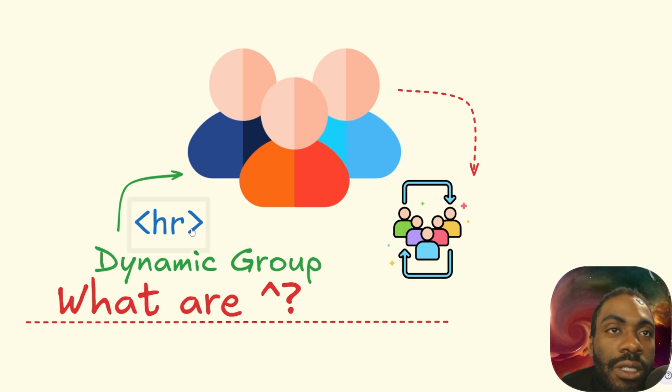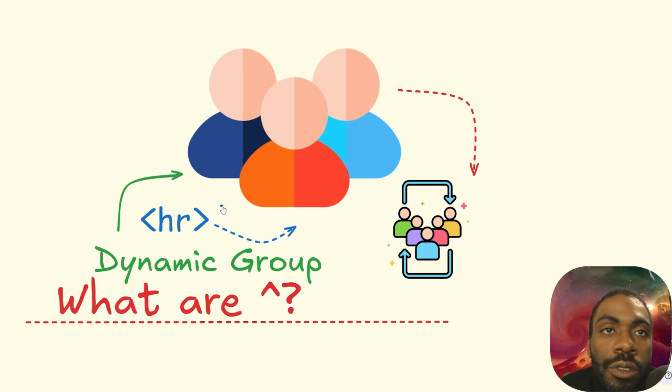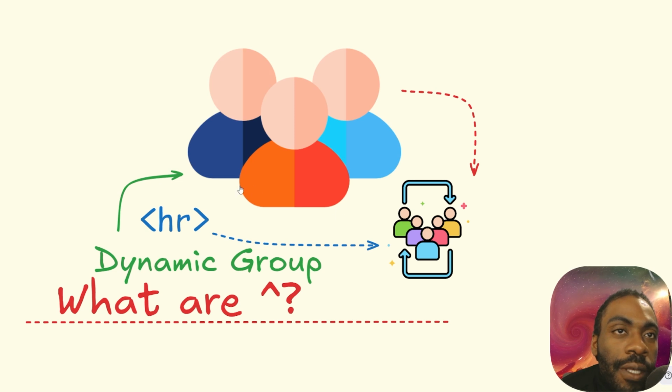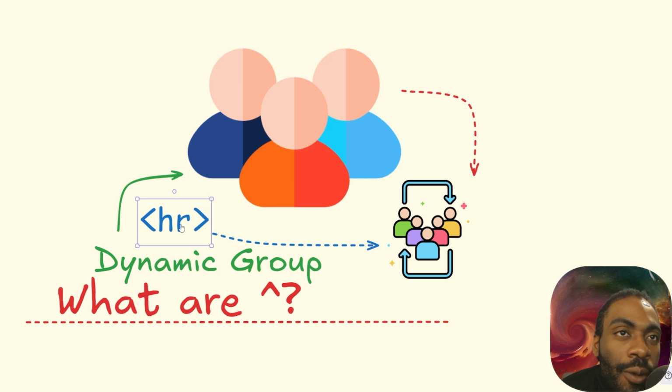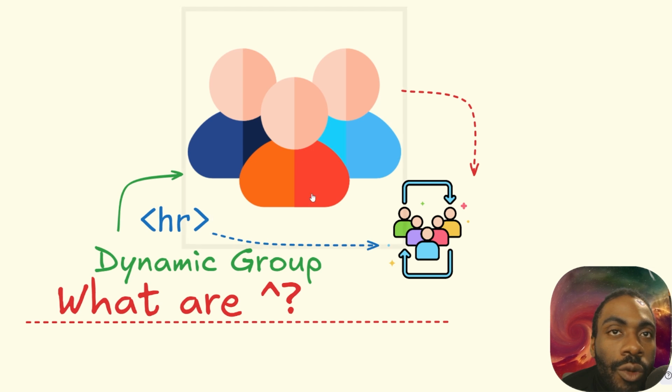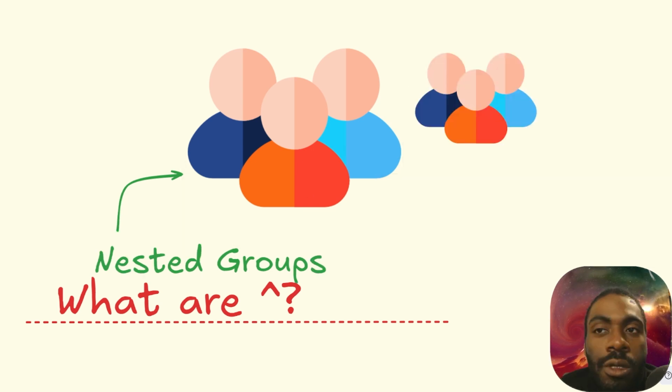What we could do is then dynamically assign everyone that is part of the HR department to the HR group. What we could do is look at the department attribute for HR, and every user that is part of the HR department based on that attribute gets added to the HR group, like so.